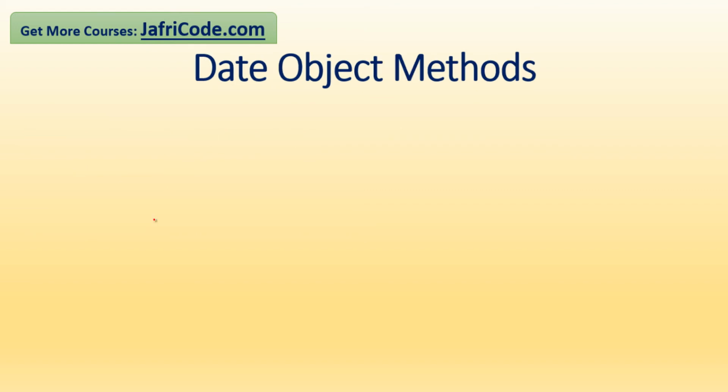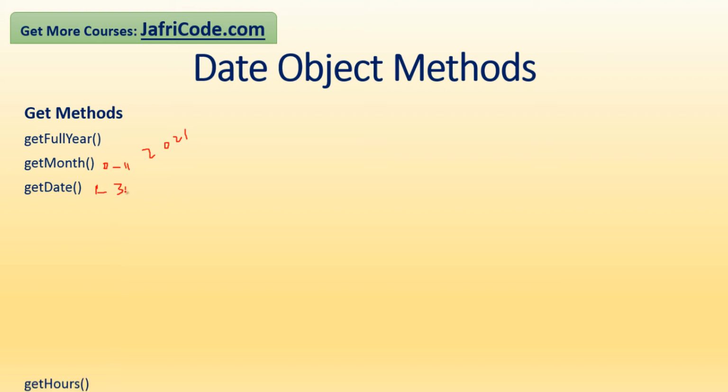So first of all, getFullYear. You can get the full year, for example, 2011. You can get the month, and the month value is from 0 to 11, starting from 0. And getDate: you can get the date from 1 to 31.